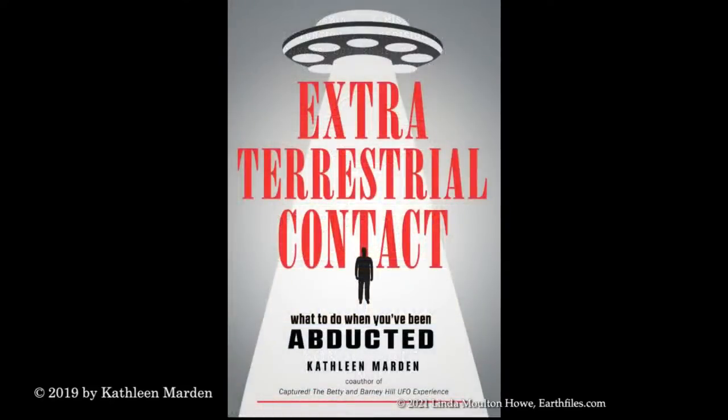Then Kathleen Martin would write 3 more books, including Fact, Fiction, and Flying Saucers, released in 2016. Extraterrestrial Contact, What to Do When You've Been Abducted, is a comprehensive guide for experiencers and for those who love them, and professionals who work with experiencers and the general public. That was released in 2019.